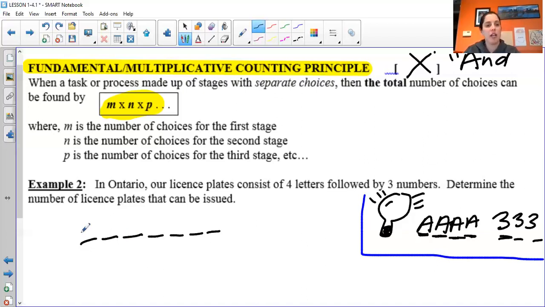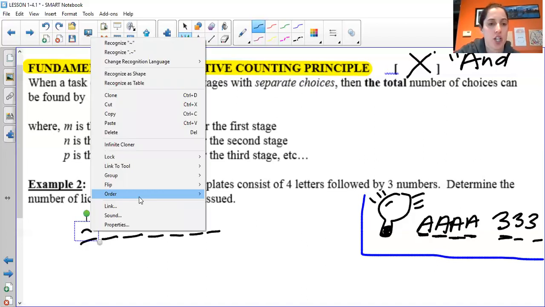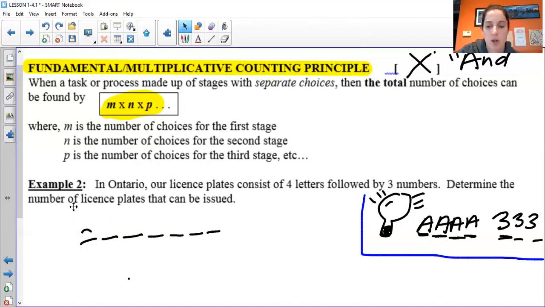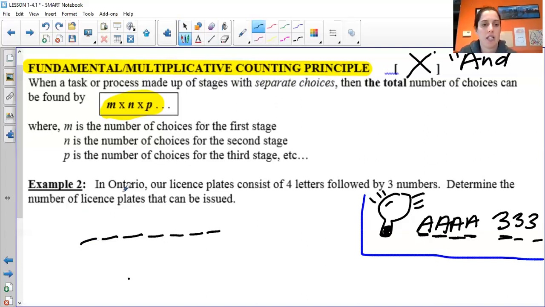How many choices do we have for the first stage? If you can have any letters, and you said 26, good job. There are 26 letters in the alphabet. There's a homework question where, if there are capitals and lowercase, that'd be 52.